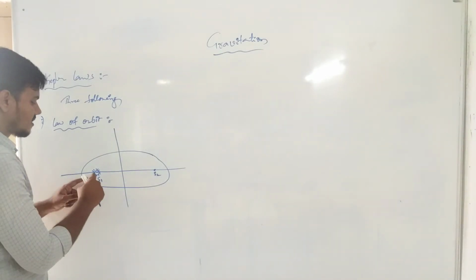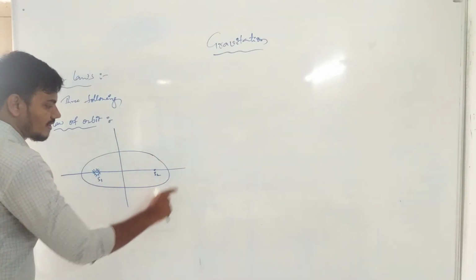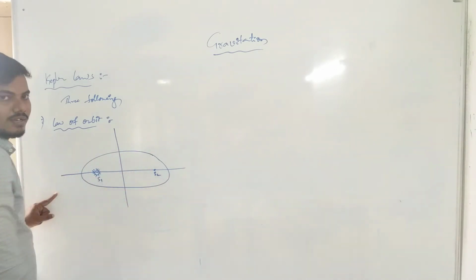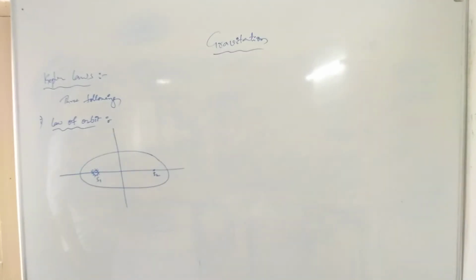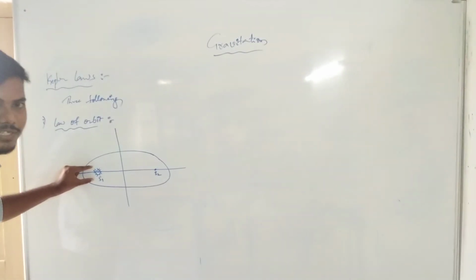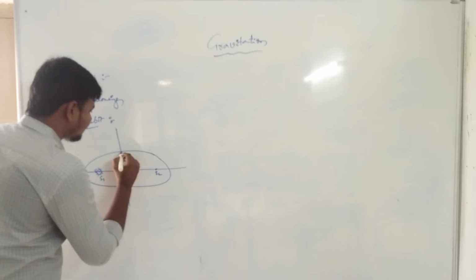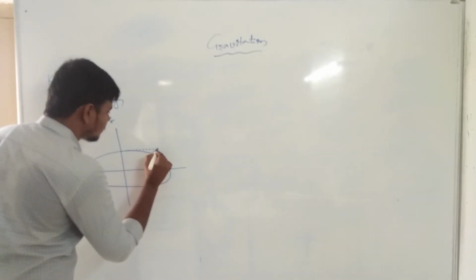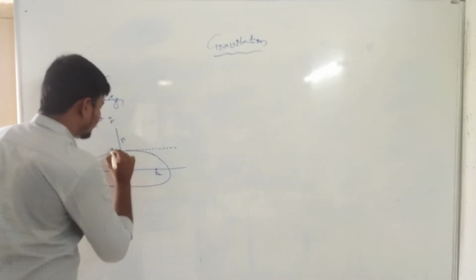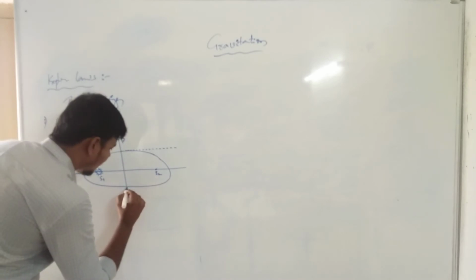All planets revolve in elliptical motion with the sun situated at one of the foci. This is the planetary motion. P is the position.